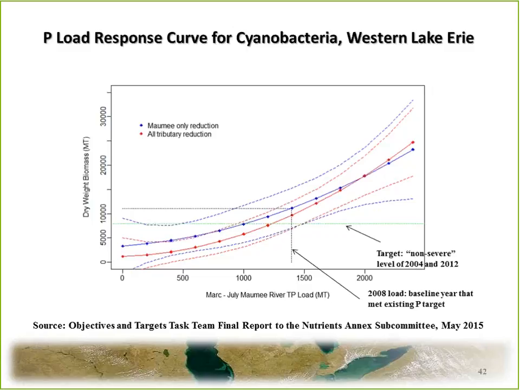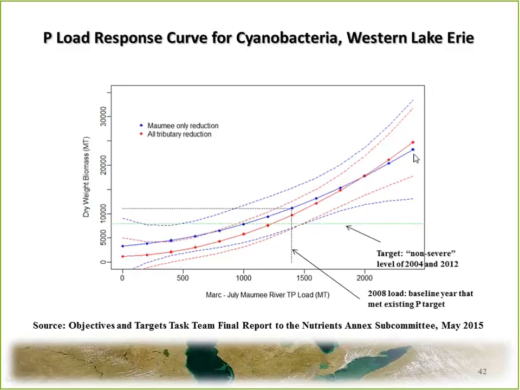With the DiToro model, I showed you a load response curve for phosphorus and related it to hypoxia in the Central Basin. So here's a load response curve that was developed for the Western Lake Erie ecosystem model. On the horizontal axis, we've got the Maumee River total phosphorus load. And on the vertical axis, the biomass of cyanobacteria in Western Lake Erie.